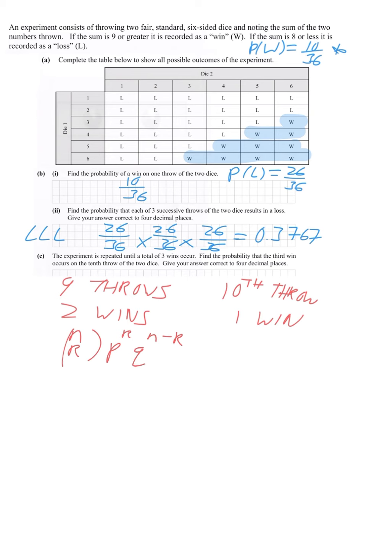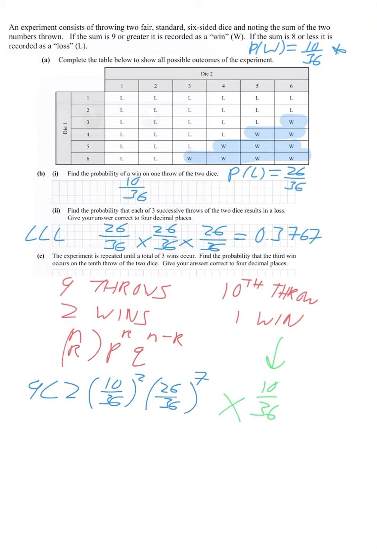Okay, so we have 9 throws, 2 wins, so that would be 9 choose 2 times now the probability of success, which is 10 over 36 to the power of 2, times now the probability of failure, which is 26 over 36 to the power of n minus r, so that would be 9 minus 2, which is 7. And then this now would be multiplied now by the probability of a win, which is going to be 10 over 36.